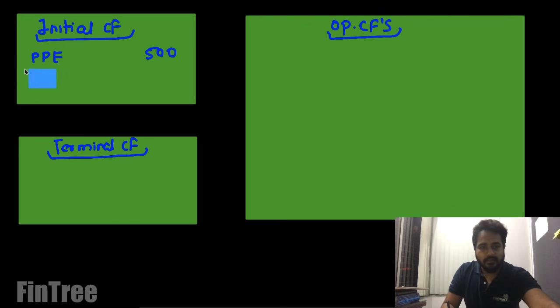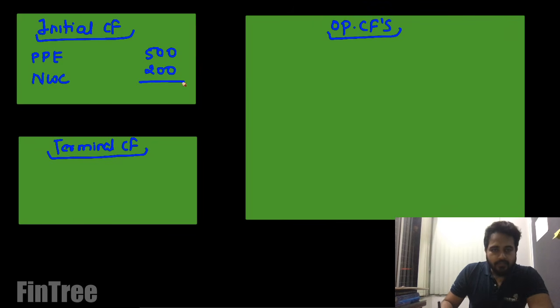It is current assets minus current liabilities. So net working capital, how much is that? It is 200. So my total upfront investment becomes 700.